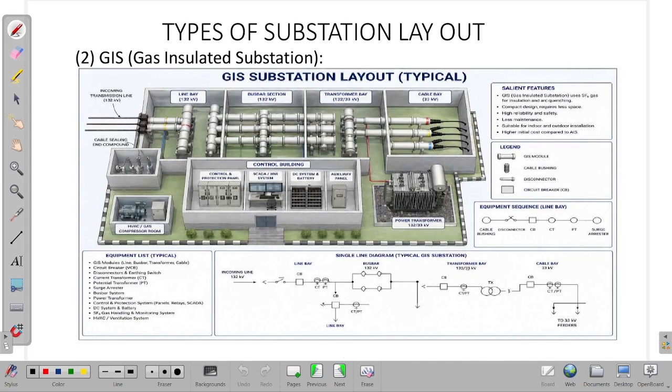This is a gas insulated substation. SF6 gas, sulfur hexafluoride gas, is used for insulation.